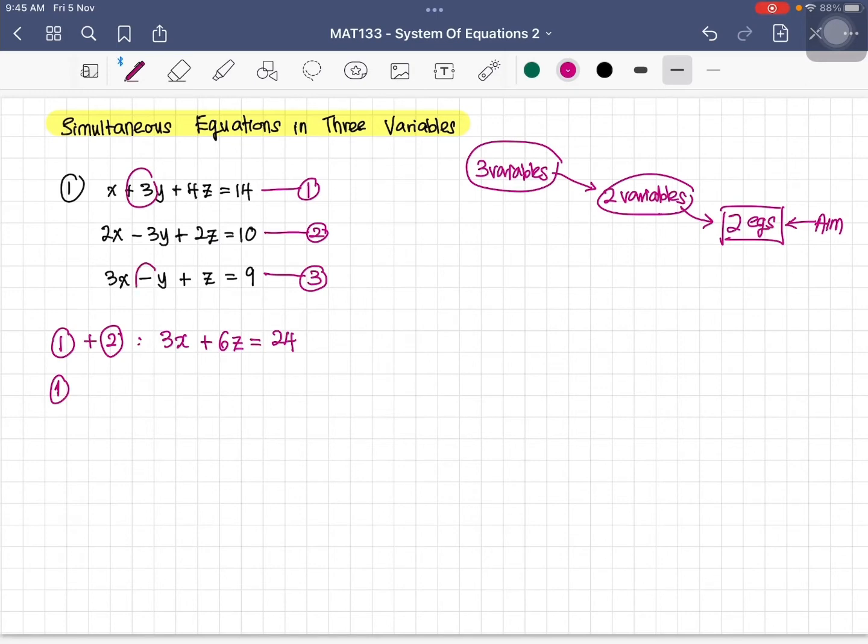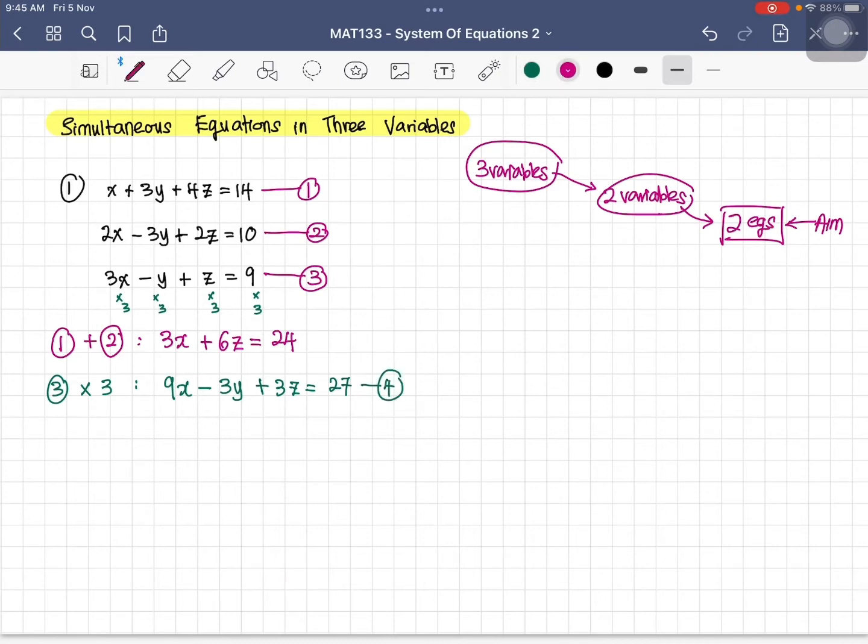In this case, we don't have the same coefficient of y, so we have to modify equation 3. Let's multiply the third equation by 3, so everything here is multiplied by 3. I have 9x, minus 3y, plus 3z equal to 27. This is the fourth equation.